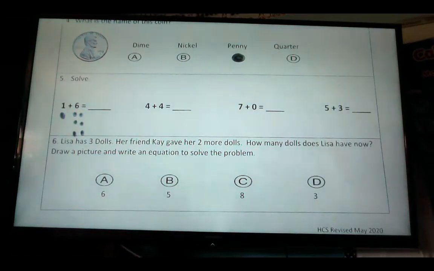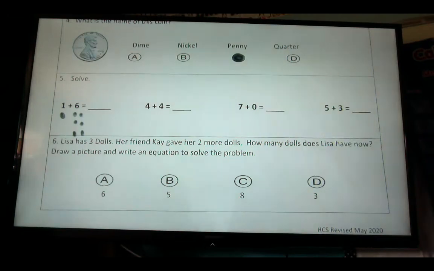Now that I've drawn my dots, I'm going to count both sets of dots to see how many I have in all. I'm putting them together because the sentence has a plus sign. And when there is a plus sign, you are putting 2 groups together to make a larger number.